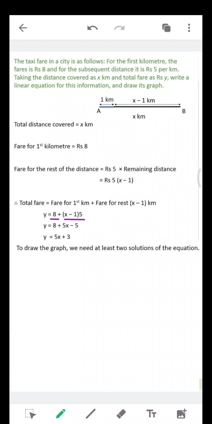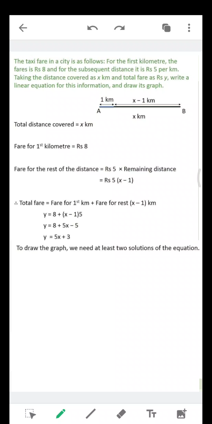So 8 plus 5x minus 5, so 8 minus 5 becomes 3, so 5x plus 3 is your equation. Got it, everyone? So framing the equation is very simple. This equation is framed now.